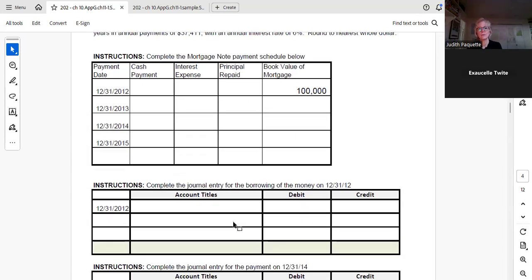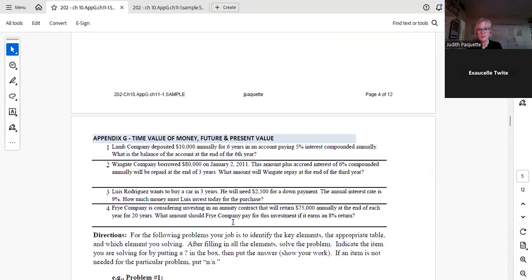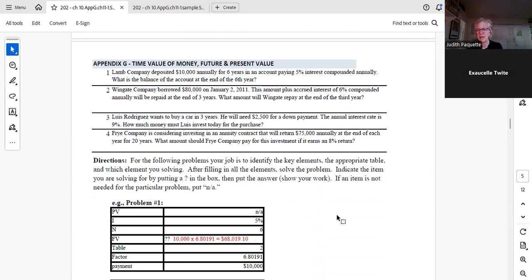Know how to do notes, mortgages. And then there's some time value of money in Appendix G. So there's future value of a single amount, future value of an annuity, present value of a single amount, present value of an annuity.